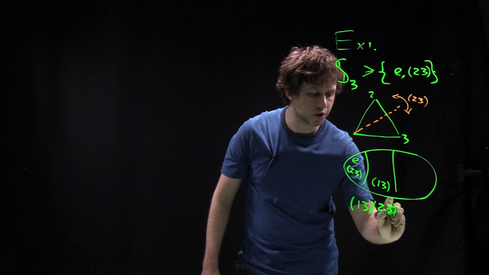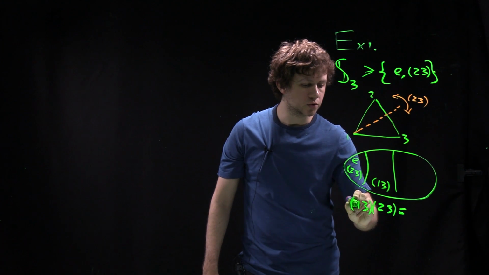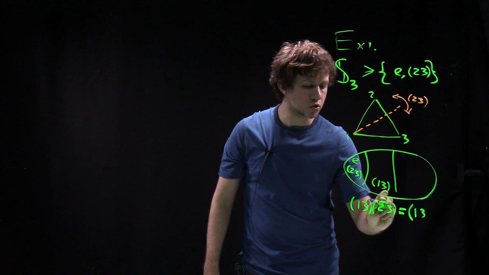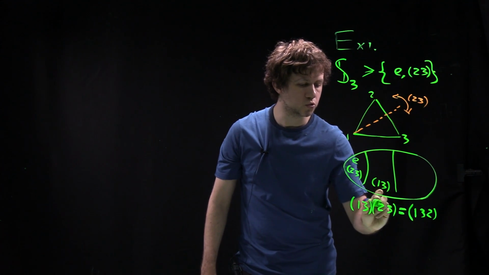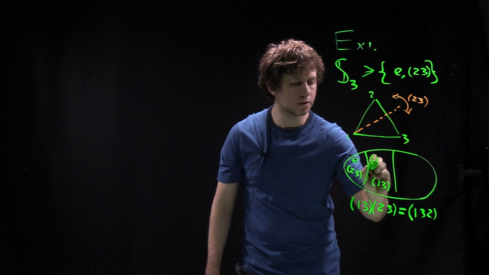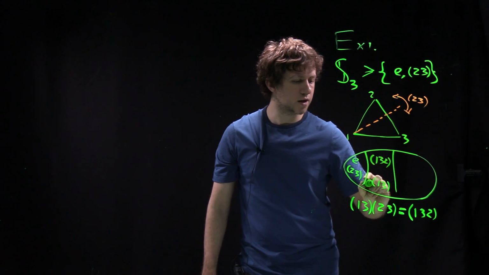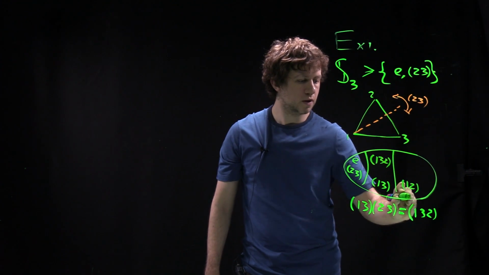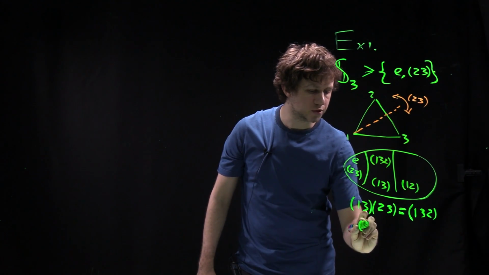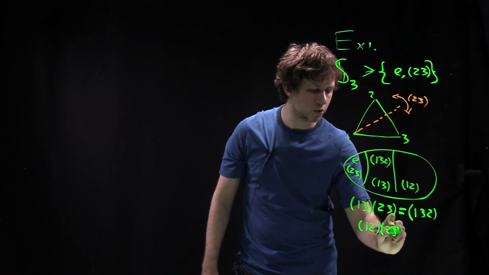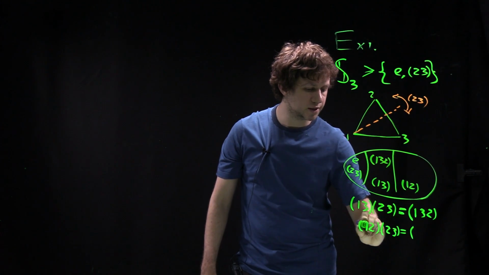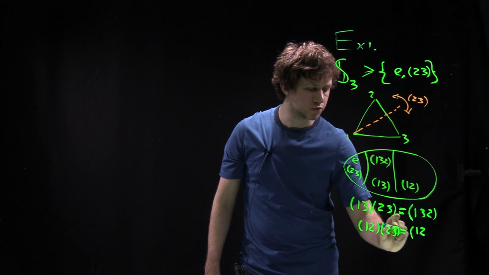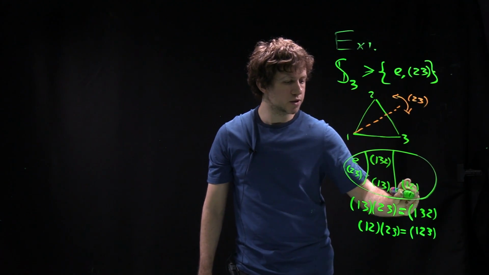And this is a permutation which is a cycle sending 1 to 3, 3 to 2, 2 to 1. Okay, so it's here. And then if I take something else, for instance (1 2), then if I multiply (1 2) by (2 3), I will hopefully get the last cycle. And indeed, 1 goes to 2, 2 goes to 3, 3 goes to 1, so I get here the cycle.